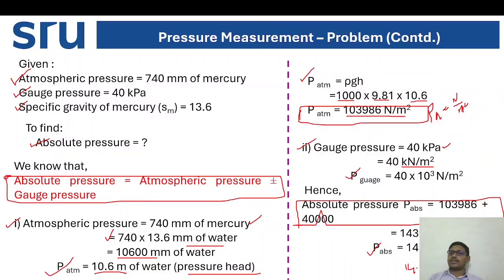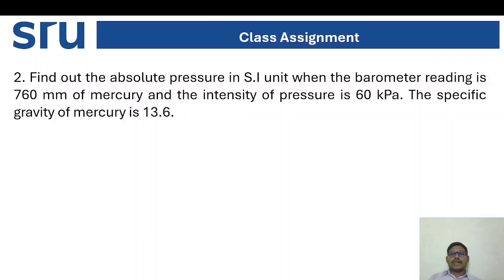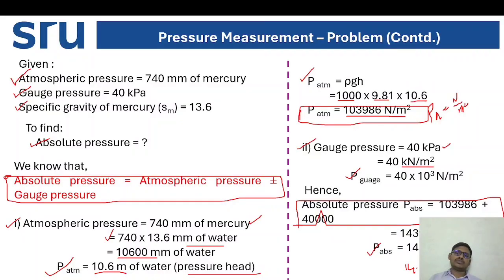We just have to change the gauge pressure. Kilopascal is nothing but kilonewton per meter square. Instead of 40 you go with 60 kilopascals, so you keep 60,000.